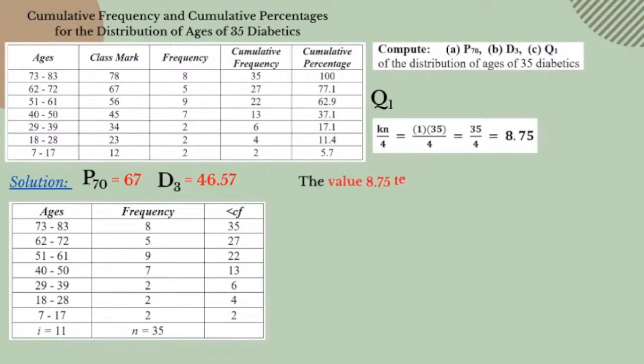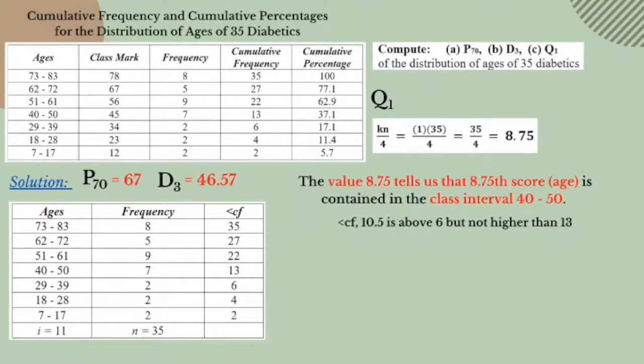The value 8.75 tells us that the 8.75 score or age is contained in the class interval 40 to 50. Looking at the column for less than cumulative frequency, 8.75 is above 6 but not higher than 13.